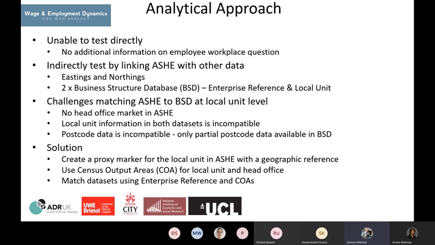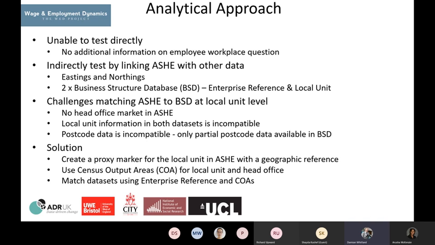We linked between ASHE and Eastings and Northings directly, as both data sets have full postcodes, so we're allowed to do that. This allowed us to calculate the straight line distance in meters between employees' home address and recorded work address. When we came to match the Business Structured Database, we wanted to match two versions.